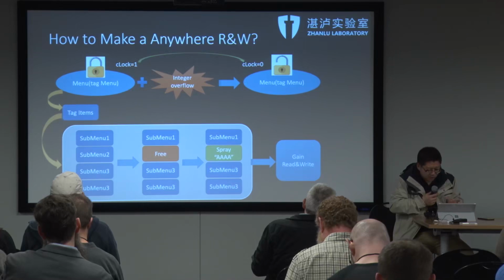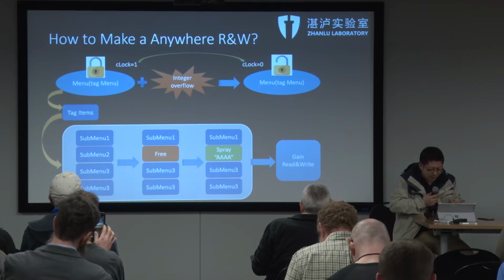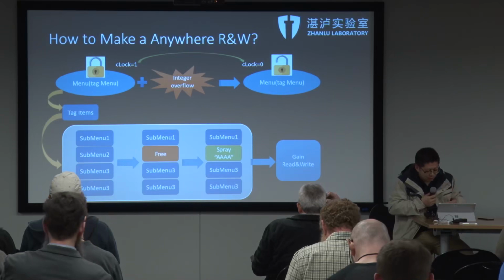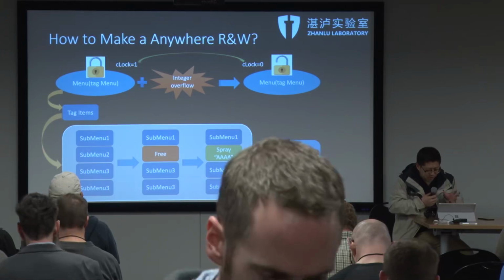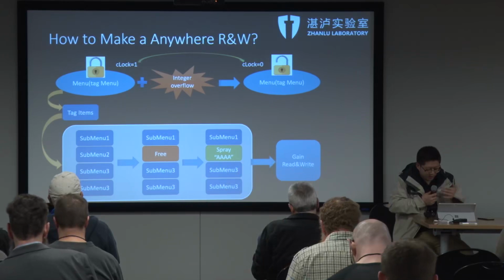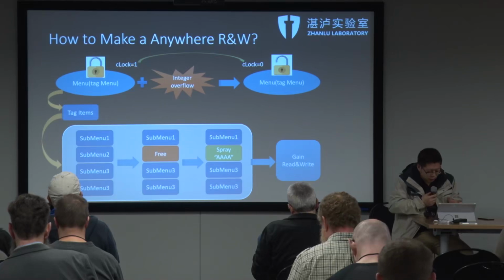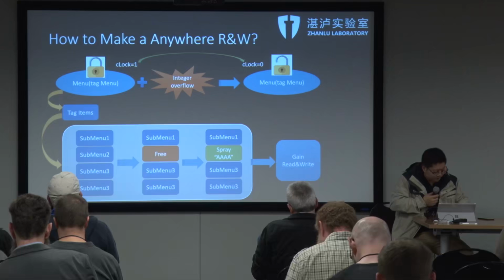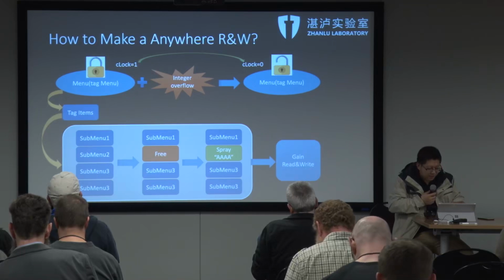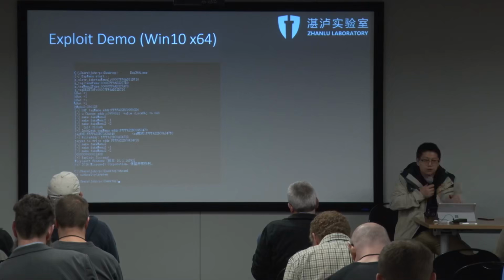We need to set the lock property of a menu object to 0 and free the submenu and free the heap, so that we can convert the issue to an arbitrary address read and write. We can gain the system permissions through the arbitrary address read and write. If you get arbitrary address read write, you can exploit the system.